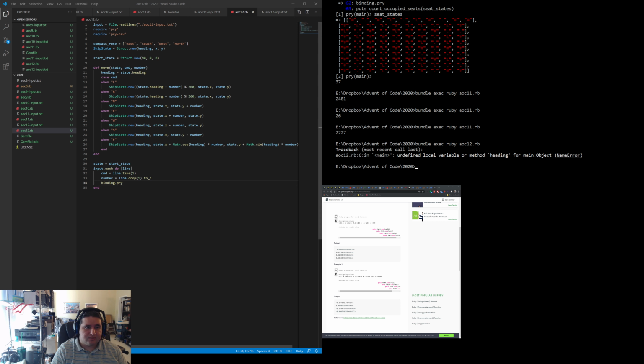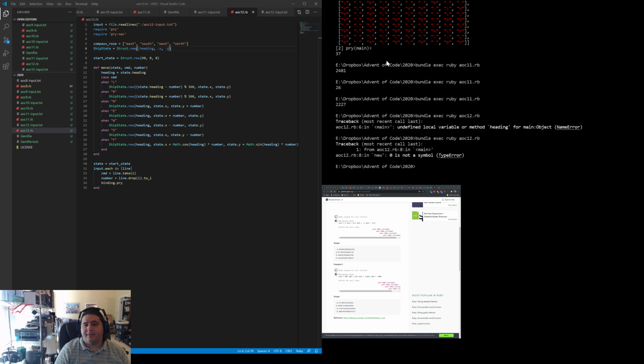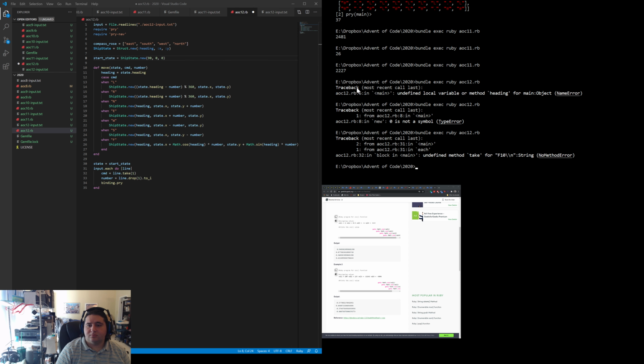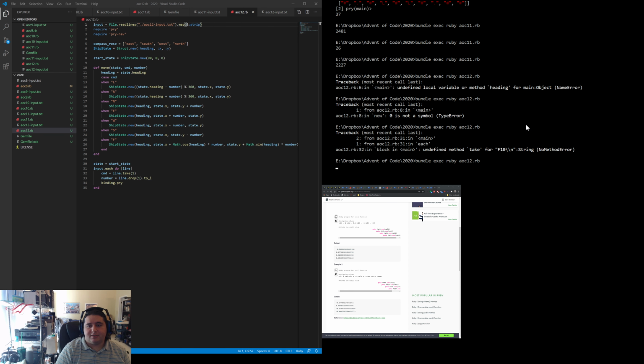Ruby 6? Where is it? Zero is not a symbol. Ship state.new. We also want to map, strip off all the newlines just because it's easier.